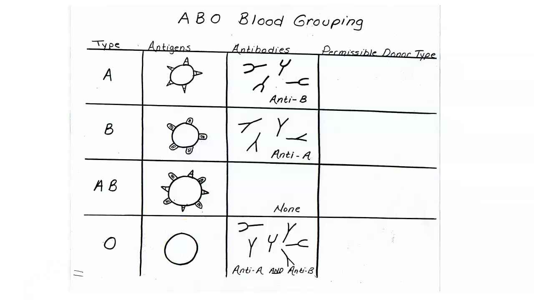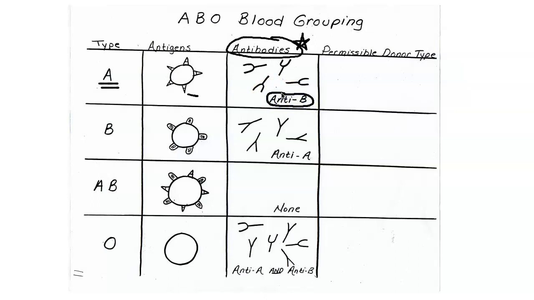That's pretty straightforward, but let's take a look at the third column, the antibody column. If a person does not have sugar A or sugar B, that person will produce antibodies against the sugar that they don't have. And so taking a look at the type A blood, we know they have sugar A on the surface of their red blood cells, but because they lack sugar B, notice that automatically in their plasma is circulating anti-B antibodies.